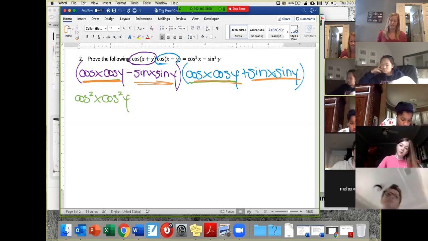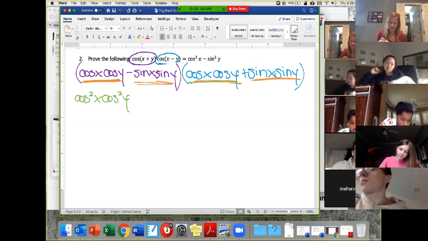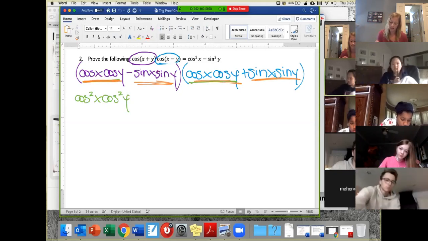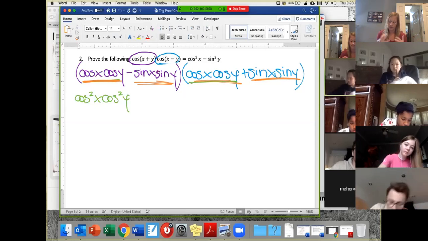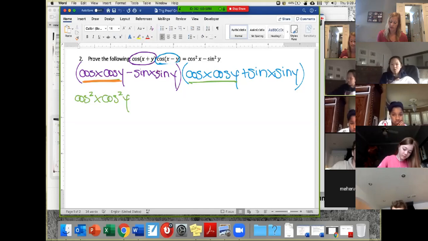So I'm actually not going to FOIL out the outer and the inner because I know in this case, because they're the same, they're going to cancel out. So we'll just move on then and do the last times the last. So what am I going to get when I do the last times the last?